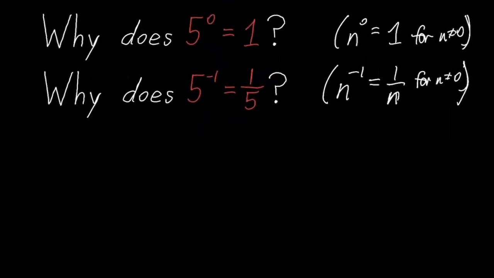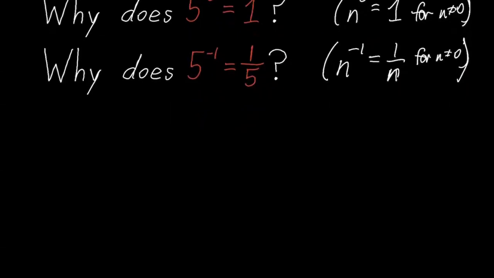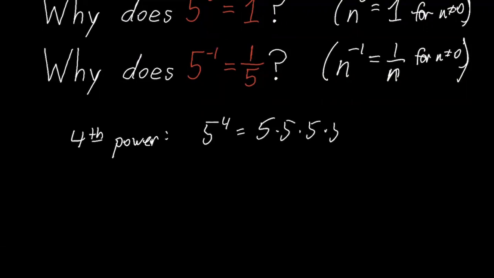So if we want to get into this, let's think about what 5 to the 4th power means. Maybe start with something extremely concrete. 5 to the 4th is the same thing as 5 times 5 times 5 times 5.